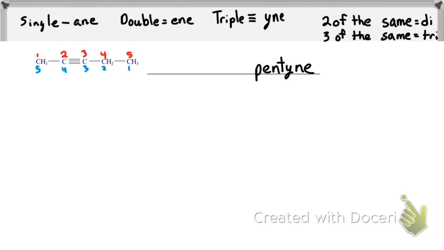Now just like with our branches, we want the carbon the triple bond starts on to be the lowest number possible. So if we number from left to right, our triple bond starts on the second one, up here in red. If we number from right to left, it goes 1, 2, 3, and our triple bond starts on the third. We don't want it to be on the third, we want it to be on the second.